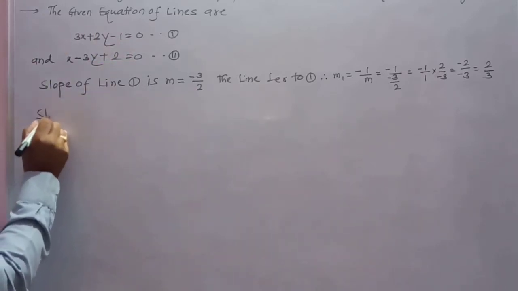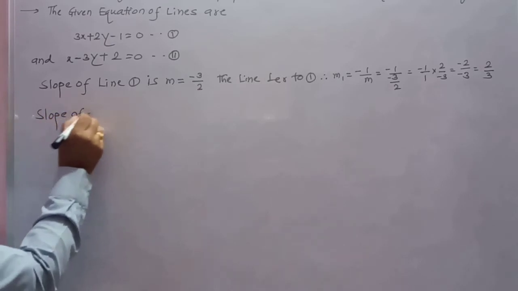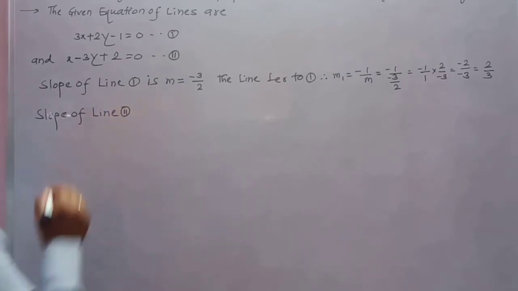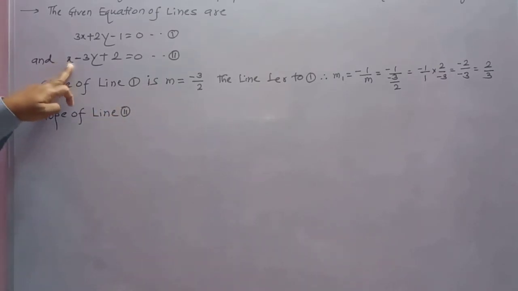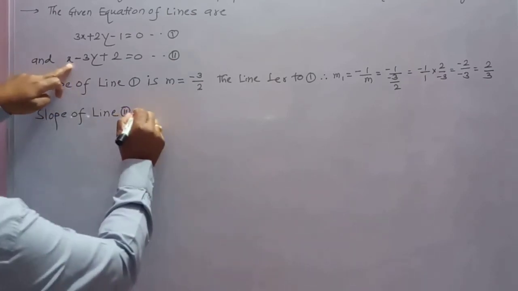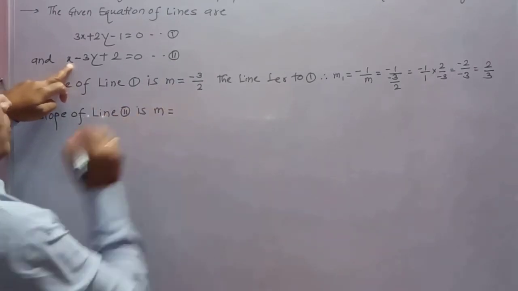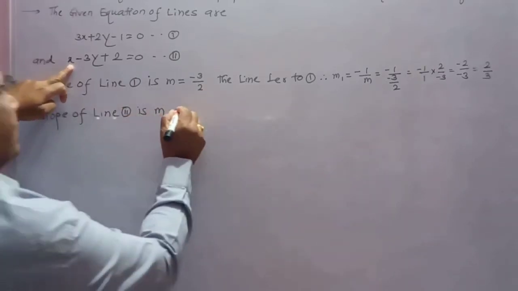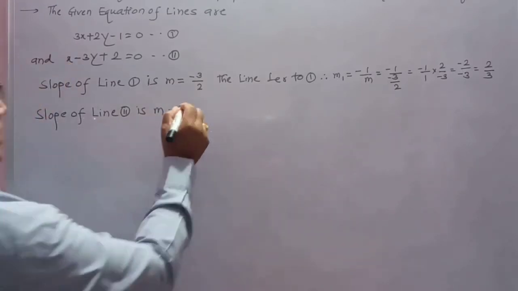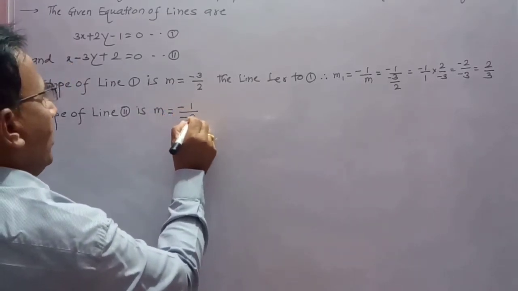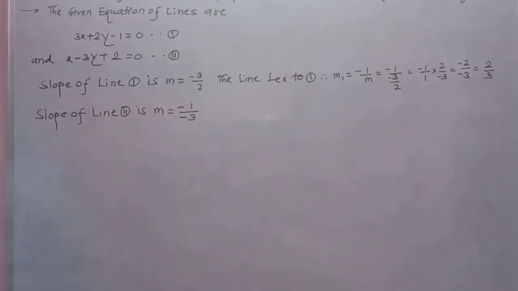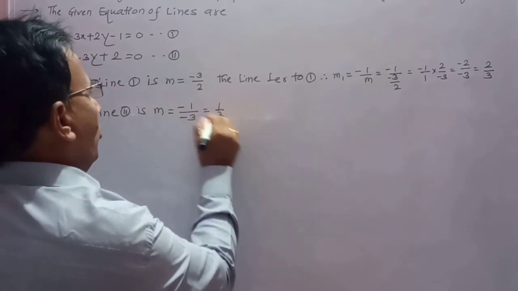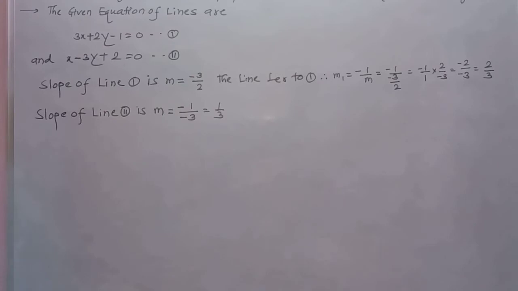Slope of the second line. The equation is x minus 3y plus 2 equal to 0. The slope of the second line is m equal to minus coefficient of x divided by coefficient of y. The coefficient of x is 1 and the coefficient of y is minus 3. Minus 1 divided by minus 3, the minus signs cancel. The slope of the line is 1 by 3.